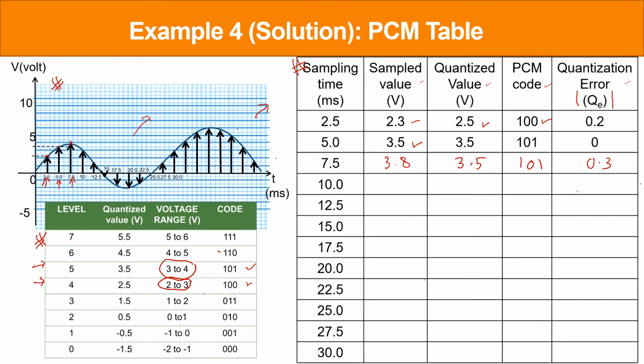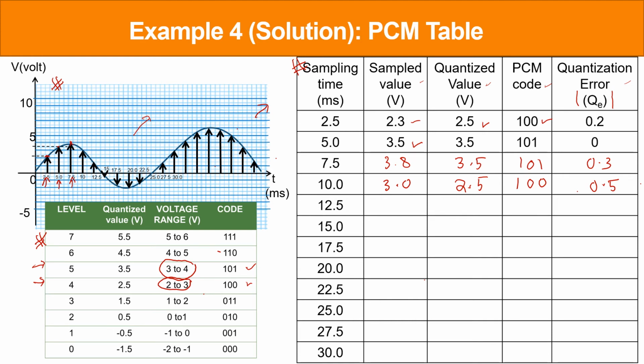For 10 milliseconds, it is 3.0 volt and it belongs to 2.5 quantized value and code 100, and 0.5 is the quantization error.